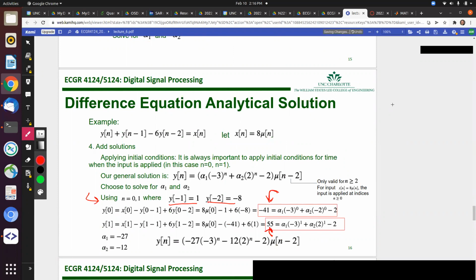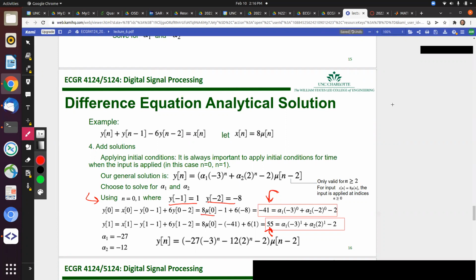Okay, how did we get -41? We actually used the equation defined at 0. So y of 0 is equal to x of 0 minus y of -1 plus 6y of -2. X of 0 is 8u of 0, so that's 8.